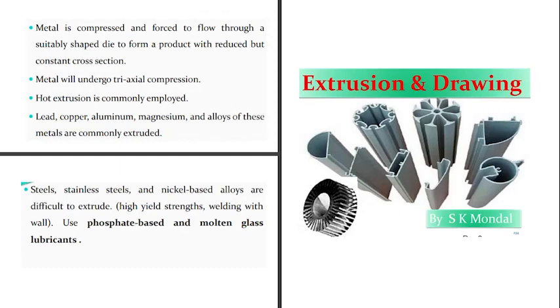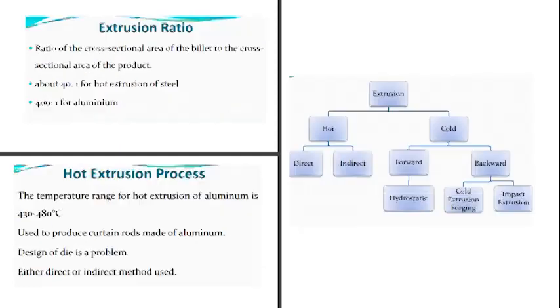Then mostly we do hot extrusion, and these are a few metals that are mostly extruded. Then there are some metals like steels, stainless steel, nickel-based alloys. They are very difficult to extrude. So in that case, we use lubricants, phosphorus-based and molten glass lubricants.